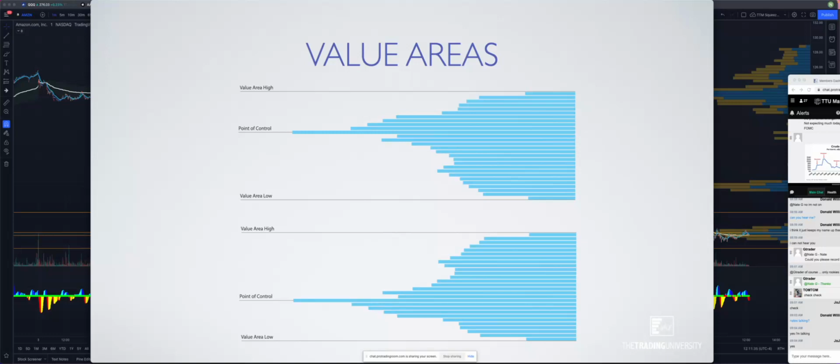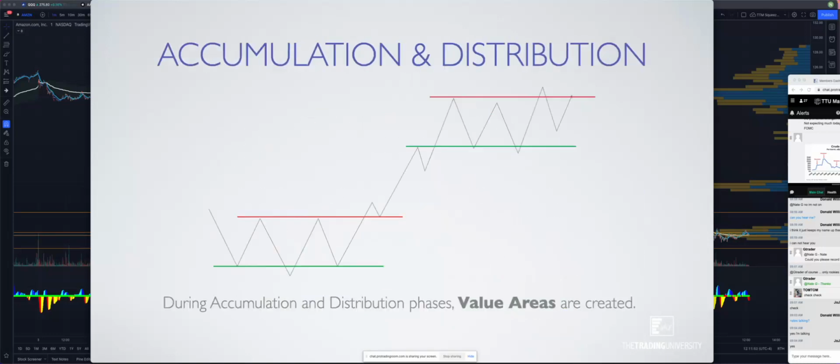So if you see here, this would just be the right side or the left side of your chart. Obviously, there's no price going on in this particular example. It just shows the two stacked value areas. But if you can imagine these value areas in this accumulation and distribution, you have the one lower value area here in this section, and the other one is up here, and in between is an area of very little volume.